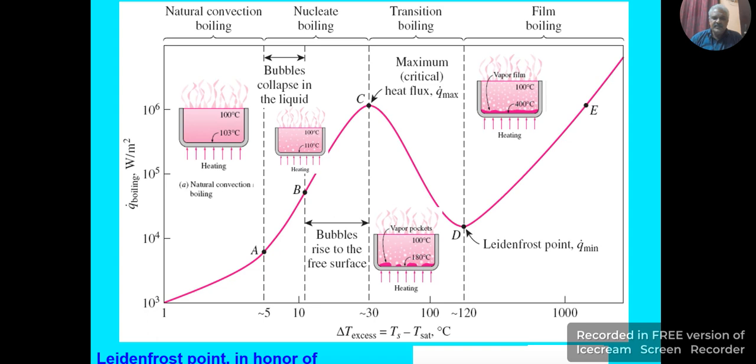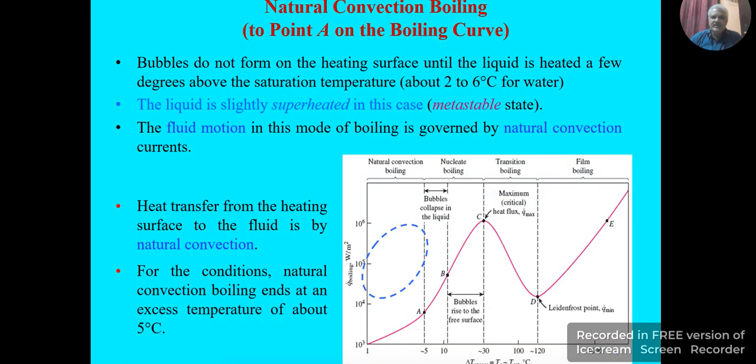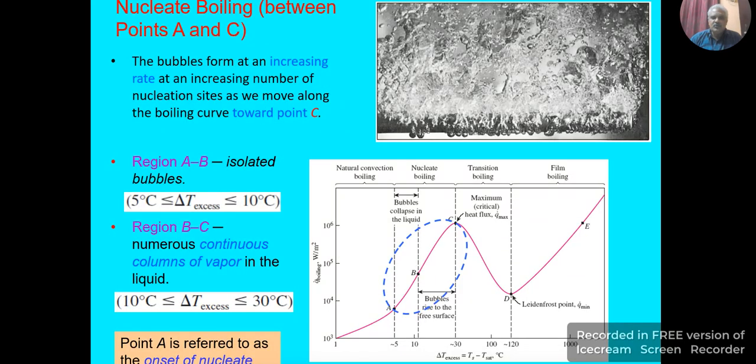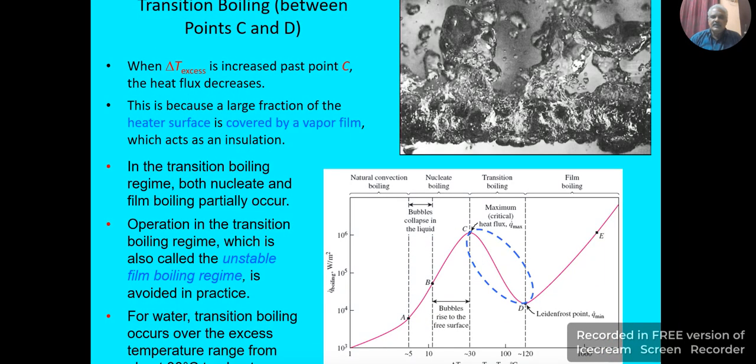In continuation of the earlier slide, we could see the following regions: natural convection boiling, nucleate boiling, and further we will move towards the transition boiling region, where our focus lies between C to D and D to E here. So beyond point C, if delta T is increased beyond 30 degrees Celsius, we could see that the heated surface is completely covered by a vapor film, which acts as an insulation.